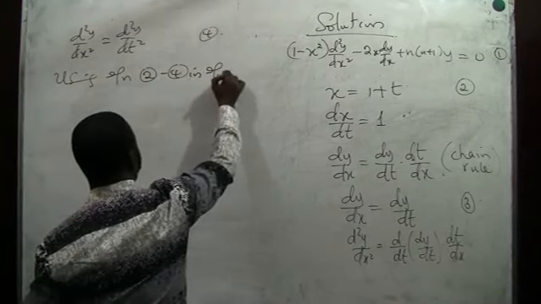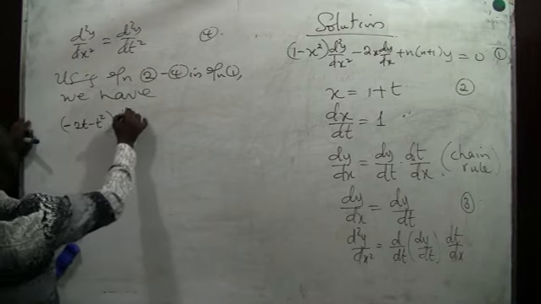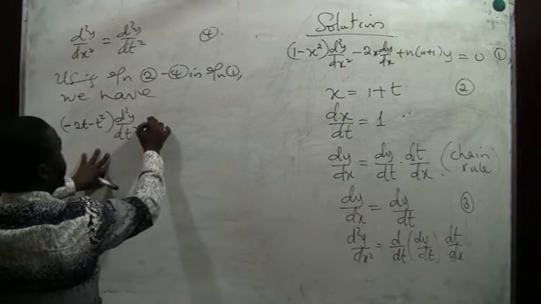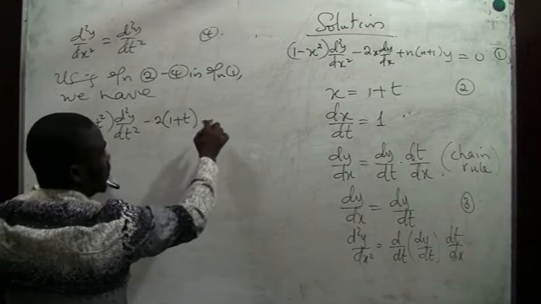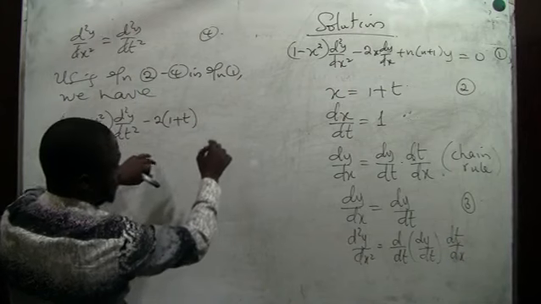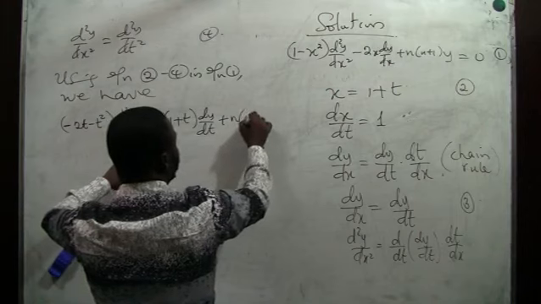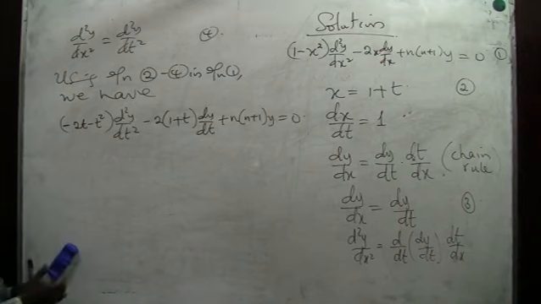What are we going to have? Let us substitute these values here. By the time we open the brackets, we are left with (minus 2t minus t squared) d squared y dt squared minus 2(1 plus t) dy dt plus n(n plus 1) y equals 0.